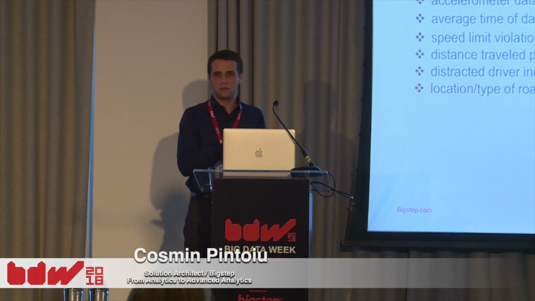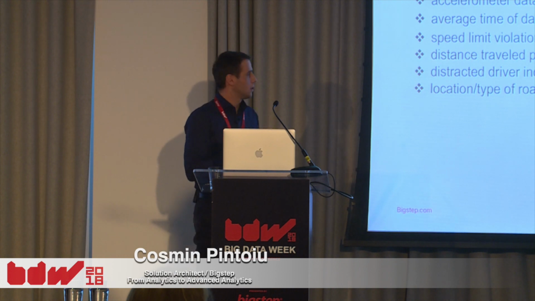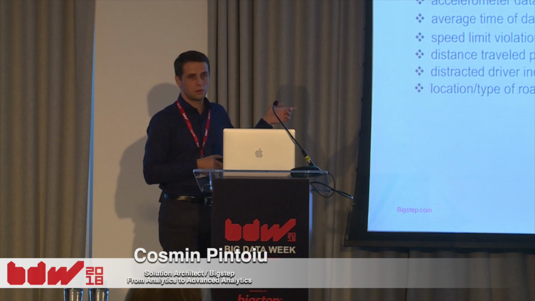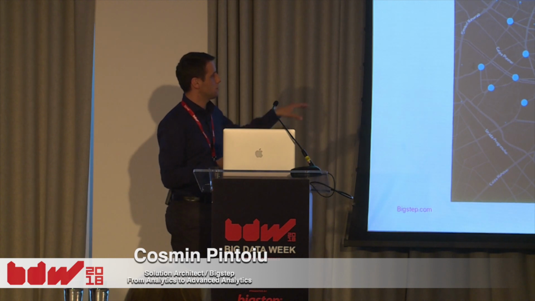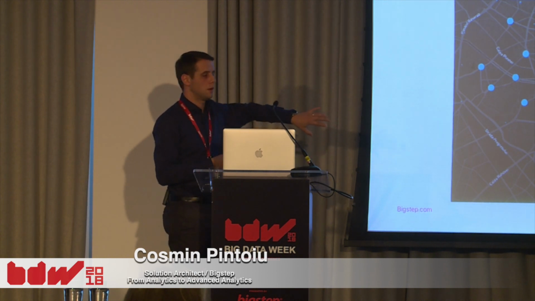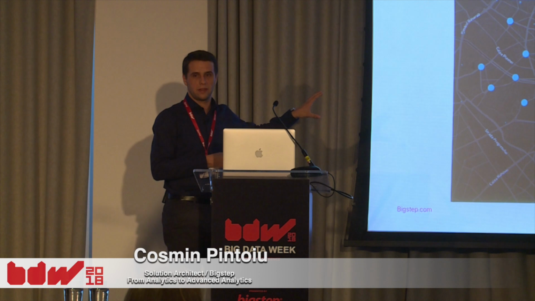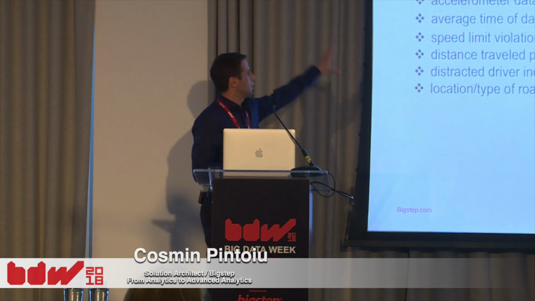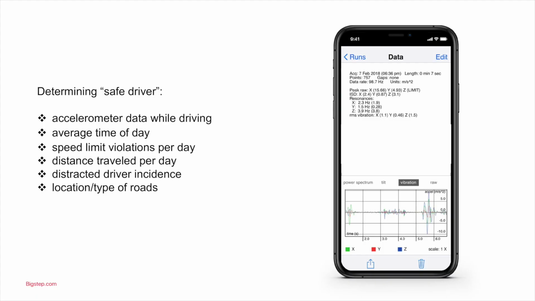Waze is asking you if you're a passenger or not. And the location, the type of roads, because each and every single road might have a certain risk associated with it. So we thought, let's mix all these and find a score for whether I'm a safe driver or not.